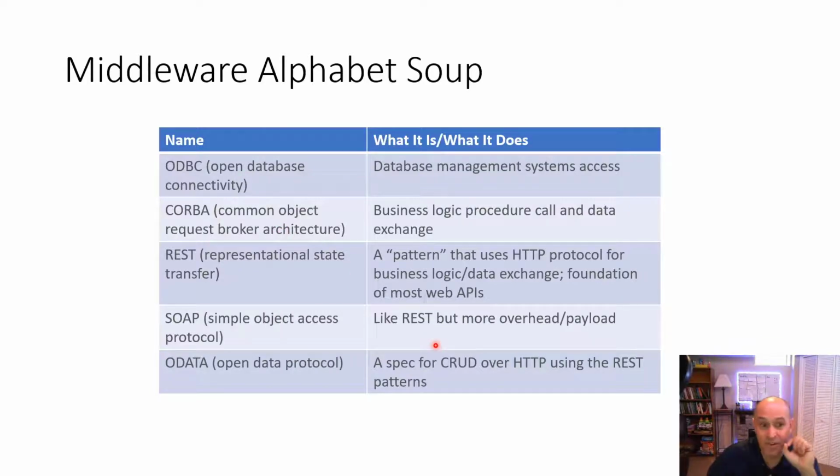So SOAP is a very formal version of doing the same thing that REST does, except it needs to have like all these additional signatures and things like that before they will talk to each other. They have to sort of be accepted by each other, whereas REST, anybody with the endpoint and the right set of credentials can invoke that.